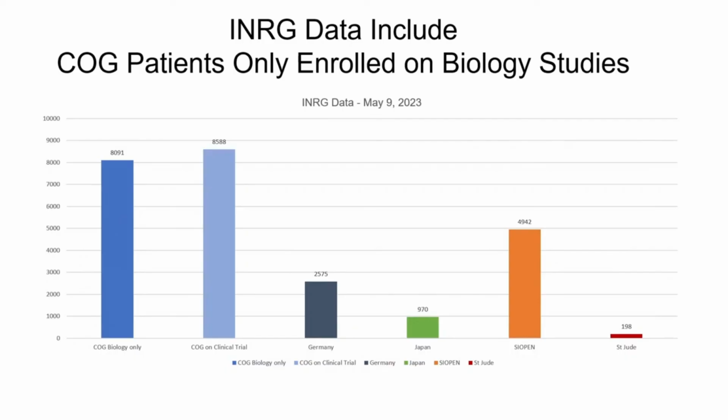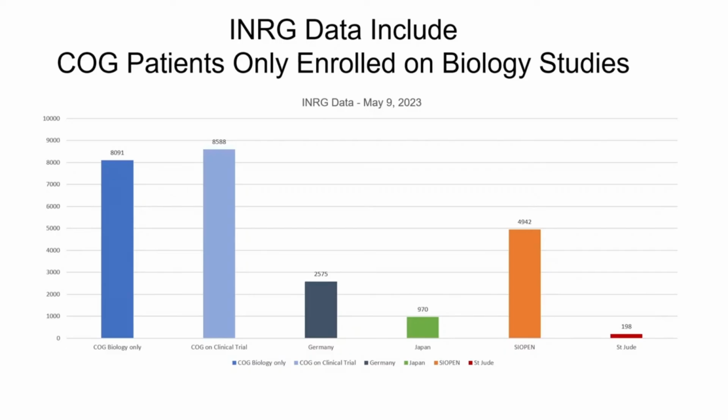As of May 9th, there are about 25 to 26,000 patients within this database. I mentioned that it started as 8,800, but we are constantly adding, and this is very much a living database. Our colleagues in Europe and Japan never had a biology study, so the only way patients could get into their registries is through clinical trials. On the left, we have two different bars, with about 8,600 patients.